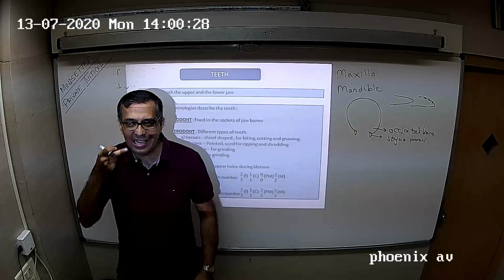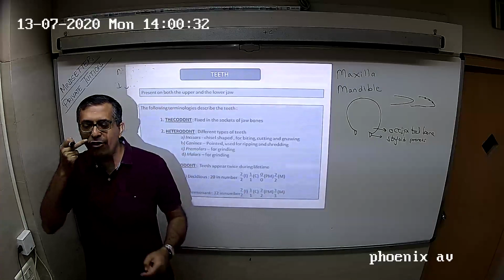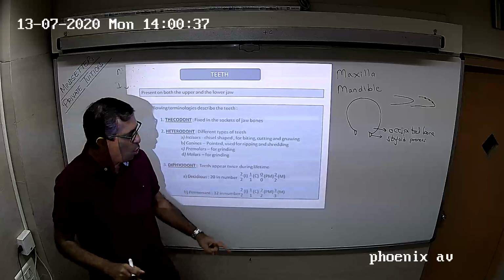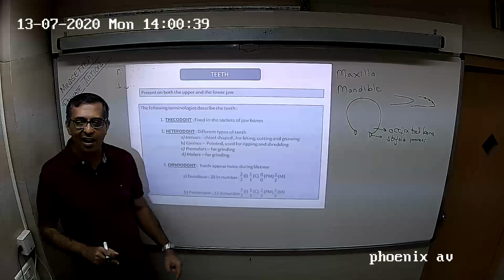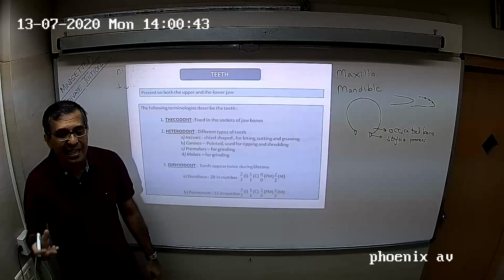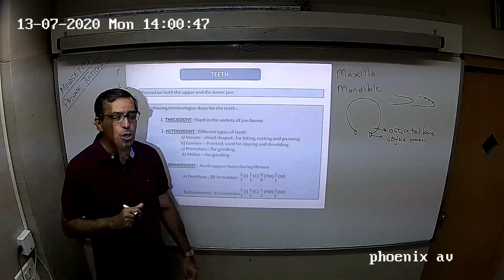Similarly, 5 on the right and 5 on the left in the mandible. So 5 plus 5 plus 5 plus 5, a total of 20 teeth, and these 20 teeth are called milk teeth. Milk teeth are also called deciduous teeth.